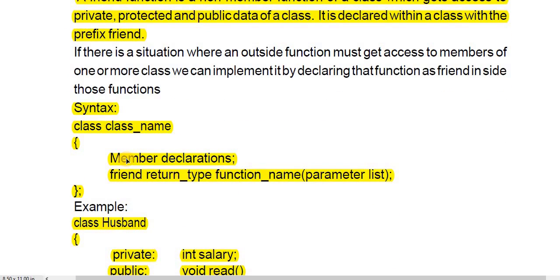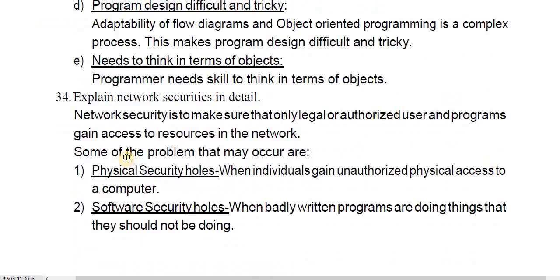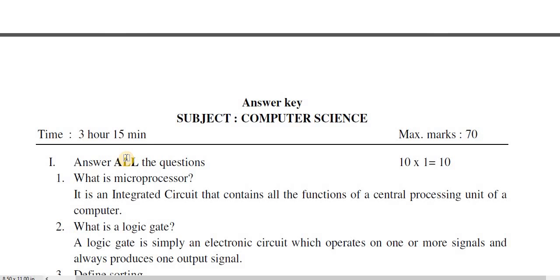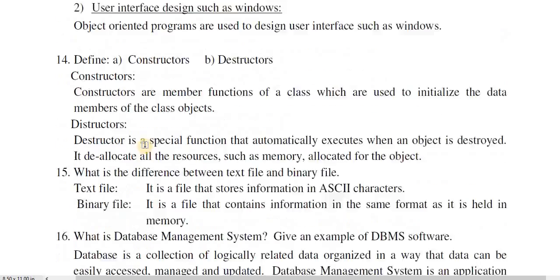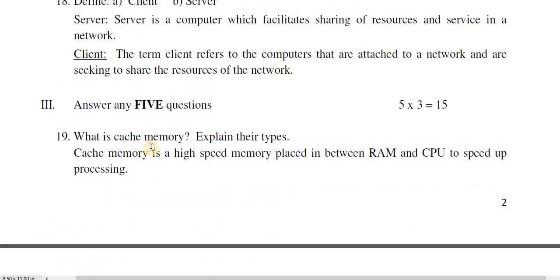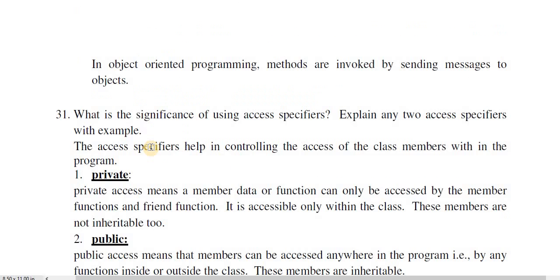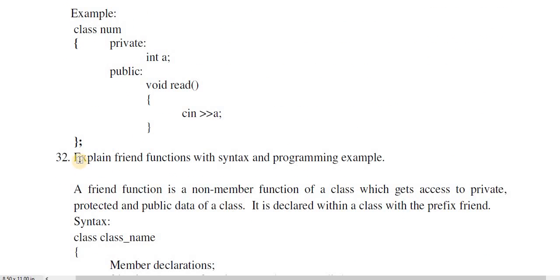Okay, then the next question paper, the 2017 question paper. Here again the same question is repeated: explain friend function with syntax and programming example.